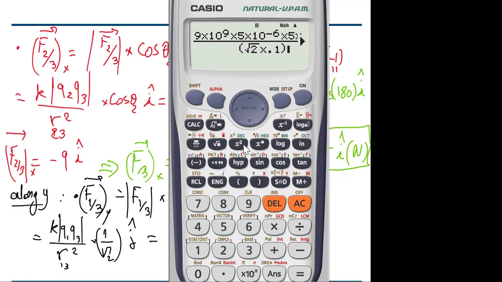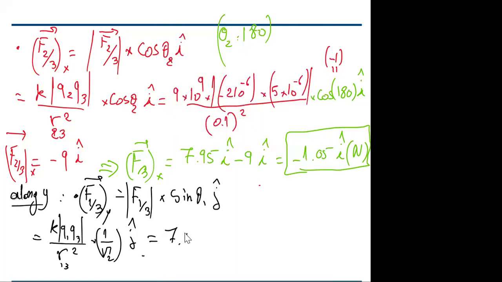Both of them are squared, and this is multiplied by 1 over square root of 2. So the result is the following: 7.95 j Newton.